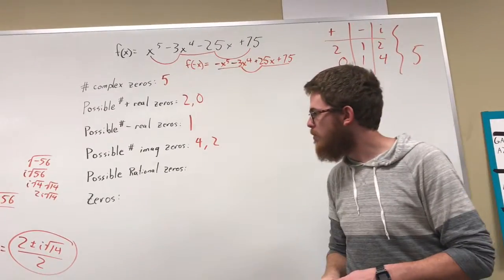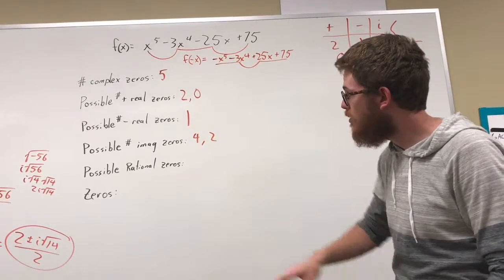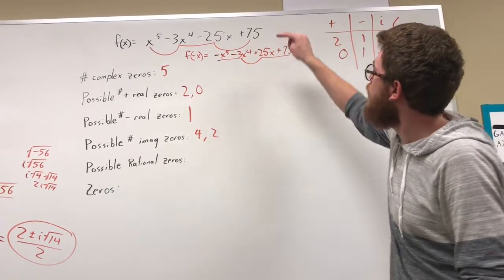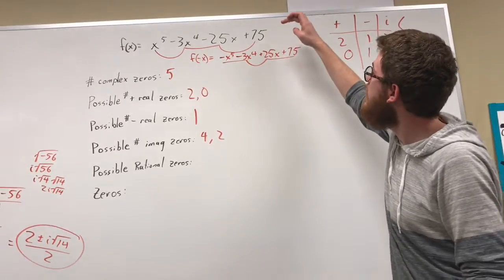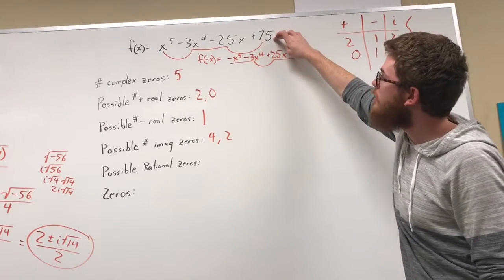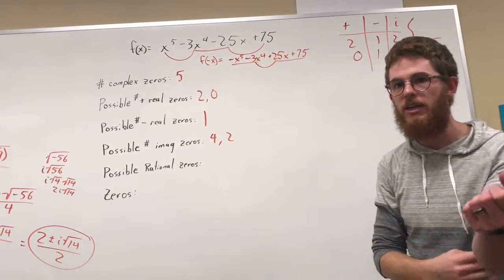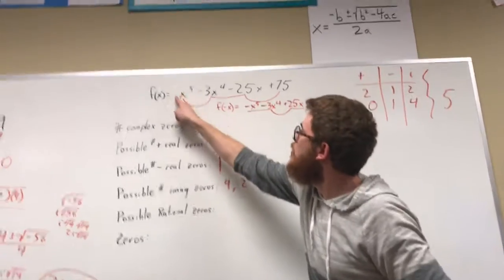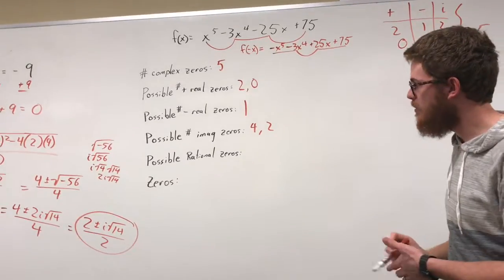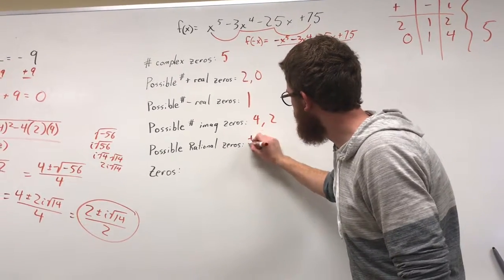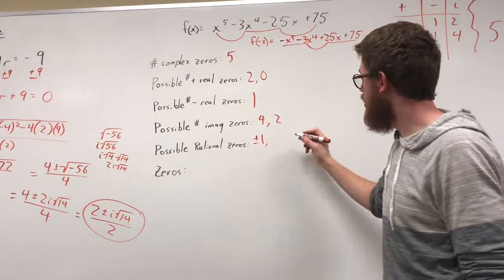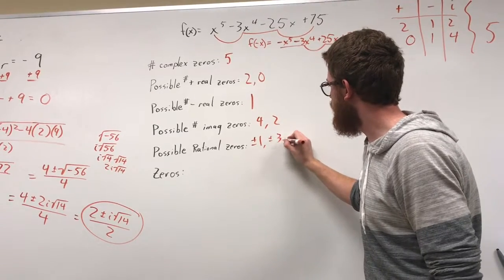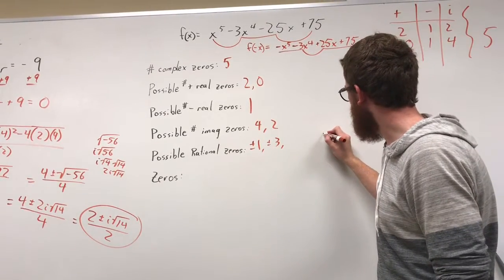Now, we have our possible rational zeros. Well, to find our possible rational zeros, our rational zero theorem says it's going to be the factors of our constant over the factors of our leading coefficient. So that would be all the factors of 75 over 1, which would just stay the same. So the factors of 75 could be positive and negative 1. They could be positive and negative 3 and 25.